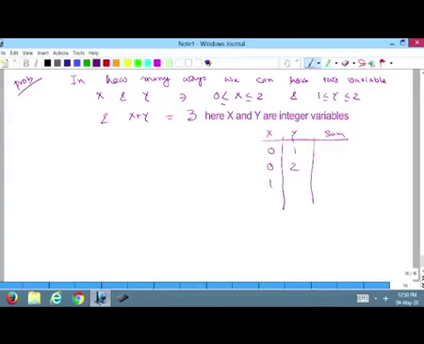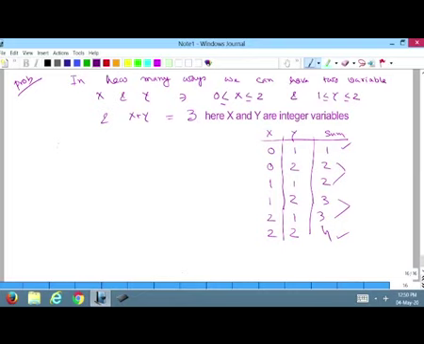Therefore, we have these 6 combinations, and the sums are 1, 2, 2, 3, 3, 4. Therefore, we can see that there are 2 cases when the sum is 3, 2 cases when the sum is 2, 1 case of 1 and 1 case of 4.